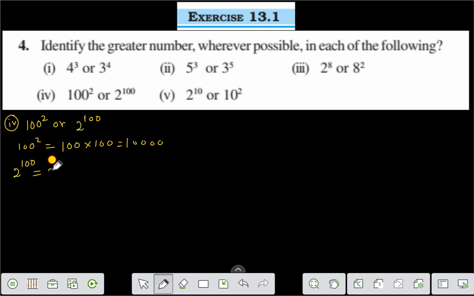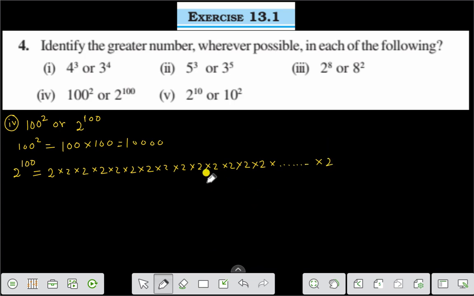2 into 2 into 2, and so on, multiplied 14 times, and these are dot dot dot, and the last one is also 2, right?